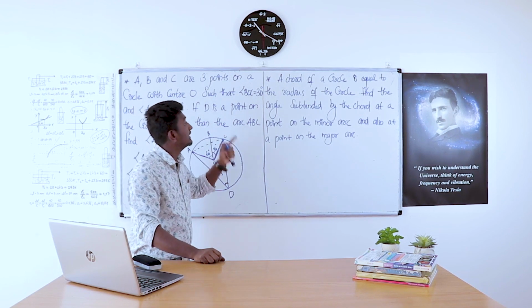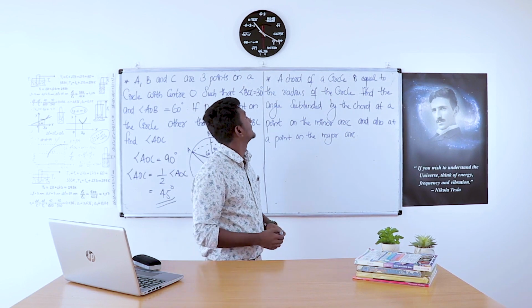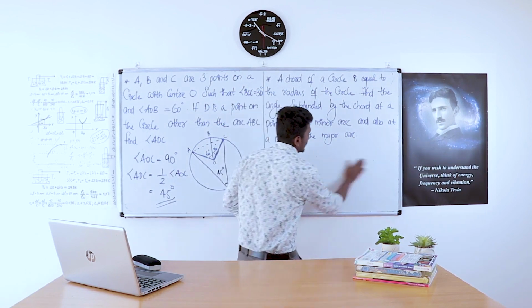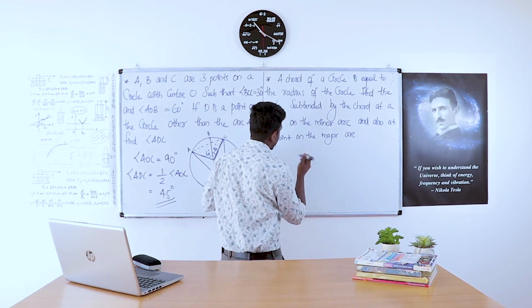Clear? Next question is, a chord of a circle is equal to the radius of the circle. In a circle, so basically we have to consider a circle.